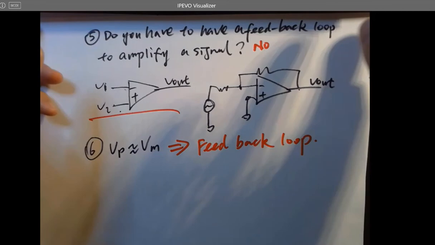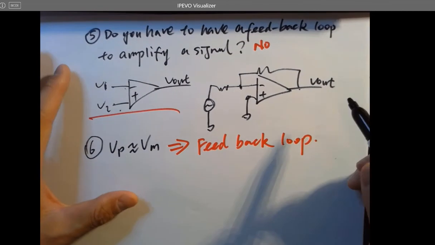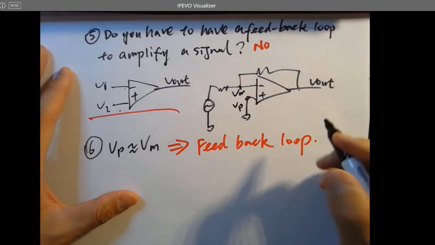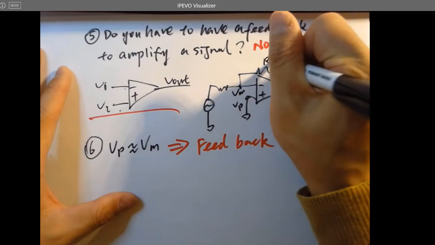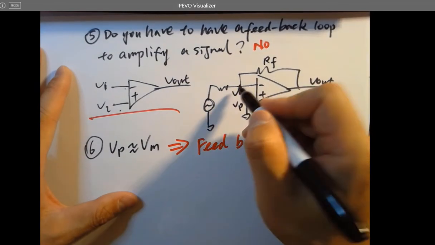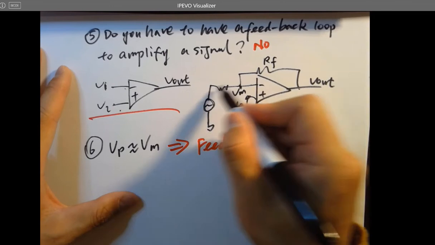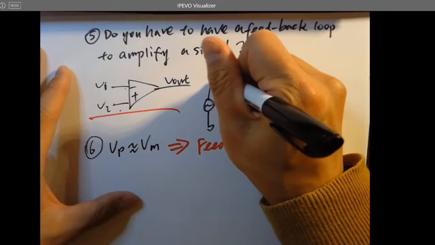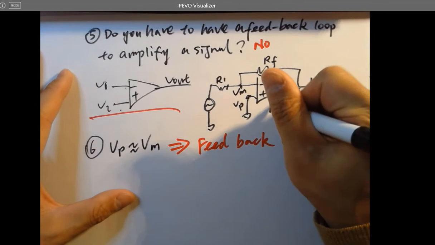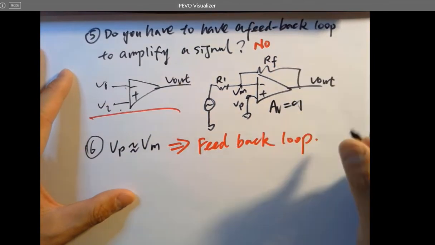Very interesting, right? So why does this happen? So let's look at this circuit, VM, VP, because this terminal is being fed back from the output to the input terminal, or the same wire or branch. For example, we have a huge AV here, which is infinity, all right?